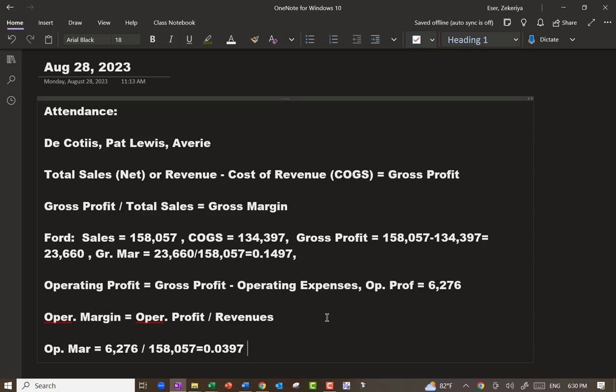That's not necessarily a bad number for a car company. You know, if Google, for example, had an operating margin of 4%, they should be very unhappy. These tend to vary with respect to sectors. Retail, for example, has very low operating margin.